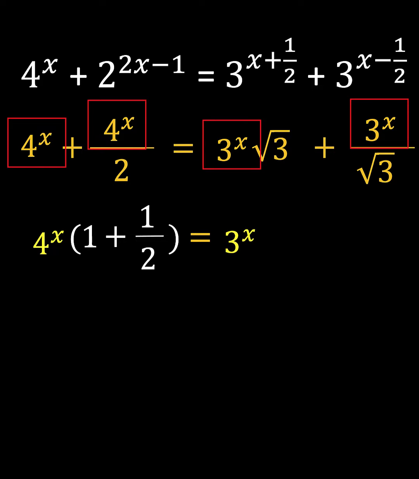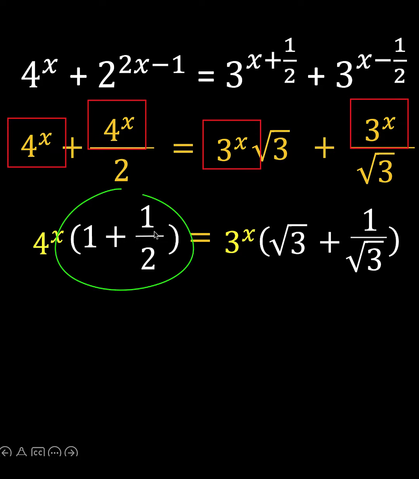Let's factor that out, and the other factor would be this expression divided by 3 raised to x will cancel 3 raised to x, so what's left is square root of 3 plus the second expression divided by 3 raised to x, that would result in 1 over square root of 3. So 1 plus 1/2 is 3/2, so the left side becomes 4 raised to x times 3 over 2.